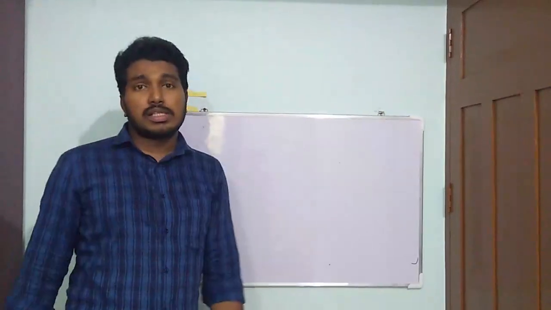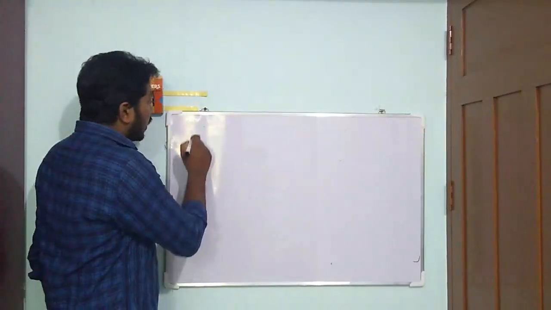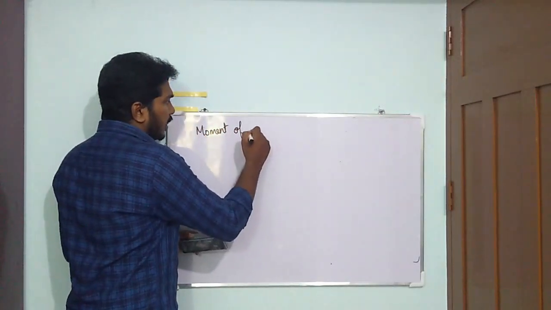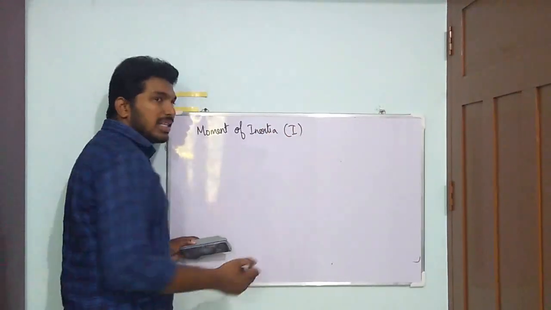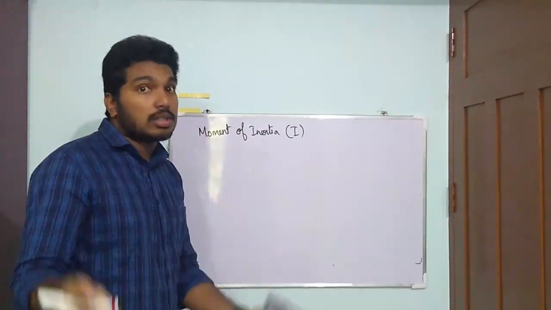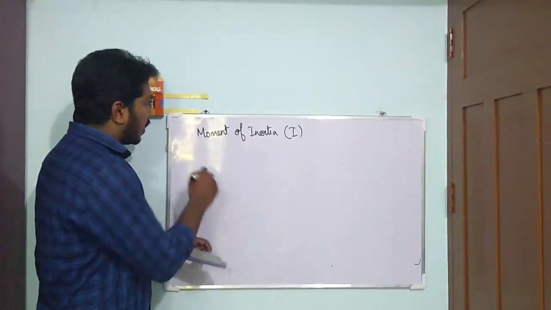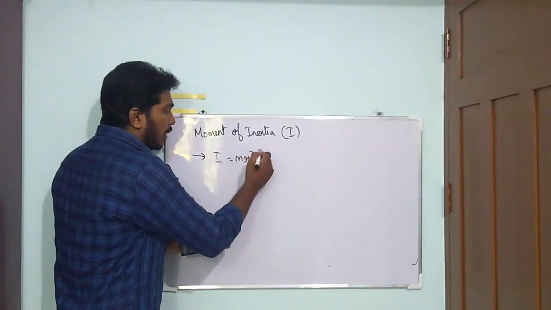Now, we don't need all these hefty definitions and everything. We are going straight to the point. So, in case of moment of inertia, which is represented by I, one thing you have to remember is it is not a scalar or a vector quantity. It is something known as a tensor quantity. For a point mass, the moment of inertia is given by I is equal to mr square.